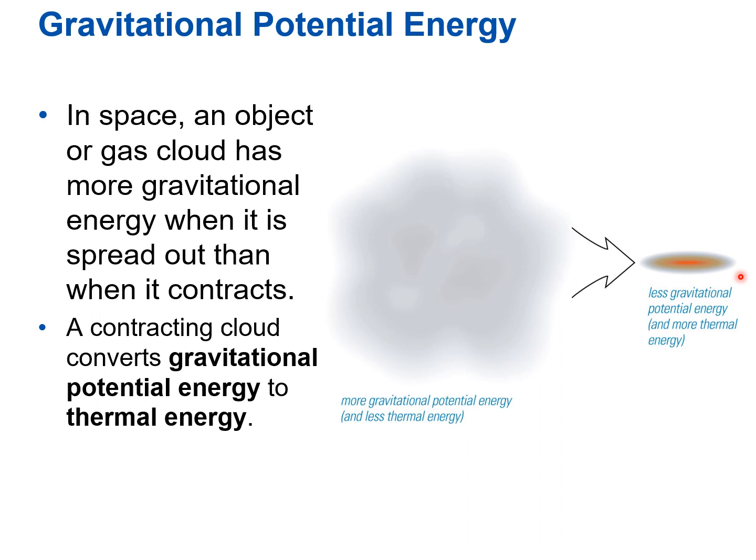Conservation of energy says that energy had to be converted to some other form, and it actually becomes thermal energy. So it heats up, it gets hotter, and this is actually how stars are born. They start from a very large cold cloud of gas, and eventually they are relatively smaller hot objects.